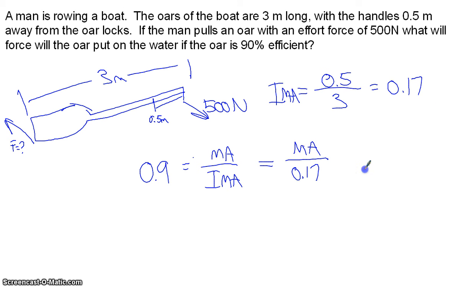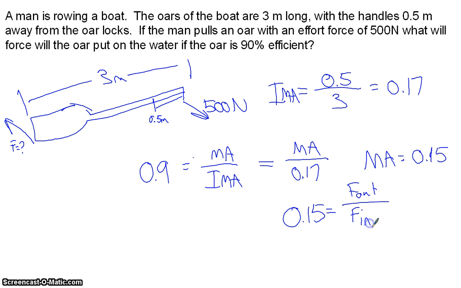So to find your mechanical advantage, if it's 90% efficient, it would then have to be 0.15. So 0.15 is equal to the force you get out divided by the force you put in. The man is pulling with an effort force of 500. So the force out would have to be 75 newtons.